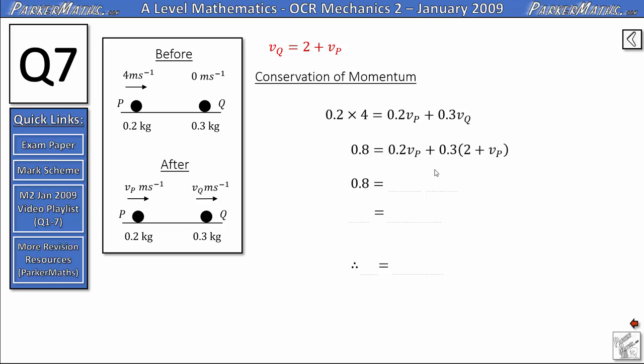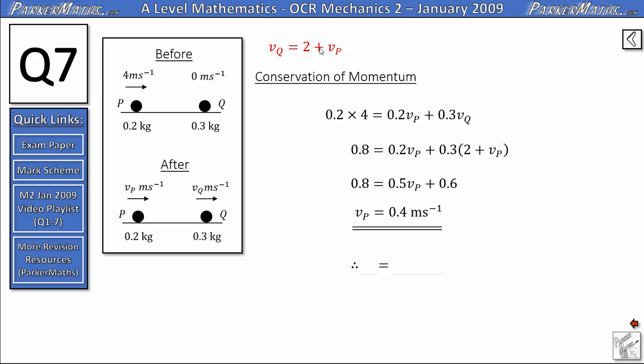If we expand out the bracket on the right hand side, we get 0.3 times 2, which is 0.6, and 0.2 Vp plus another 0.3 lots of Vp gives us 0.5 Vp. Subtracting 0.6 from both sides and then multiplying both sides by 2 gives us Vp equals 0.4 meters per second.